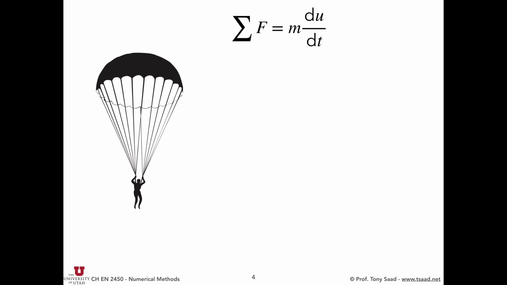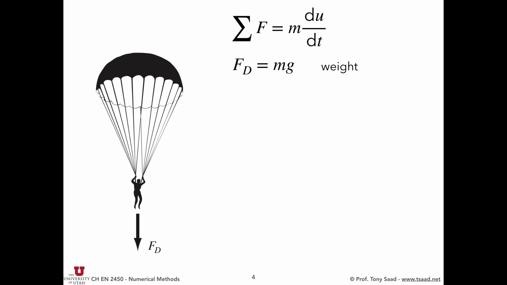And so we're going to take the positive direction going down, as the parachutist is going down in the negative z direction. Now, the forces that this parachutist is subject to is, of course, the weight, which is given by Fd equals mg, d for down, that's the weight force.